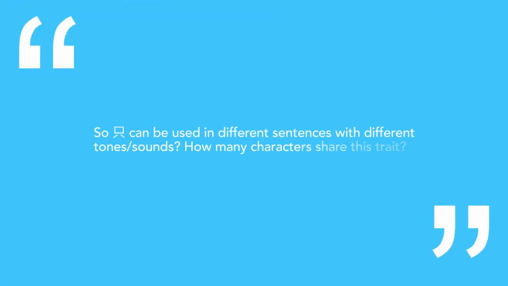Next one is from Chris Lewis, and he asks, so 只 can be used in different sentences with different tones and sounds. How many characters share this trait? And poor Chris here is discovering the wonders of 多音字 for the first time, which is a bit of a rude awakening for learners. When you're just getting the hang of learning characters, like, hey, I could maybe do this.